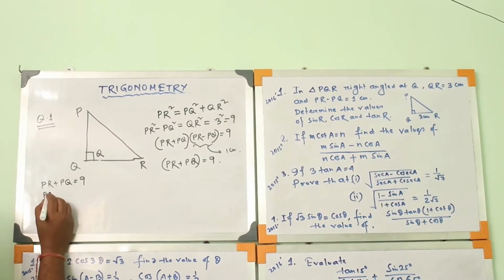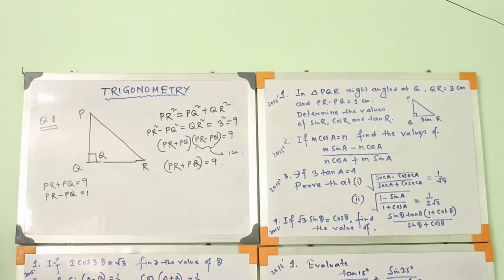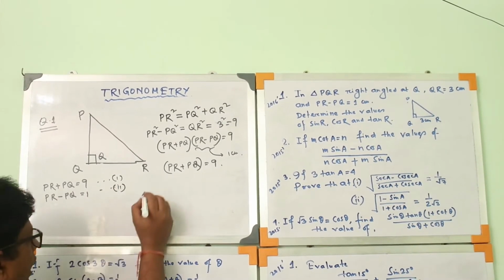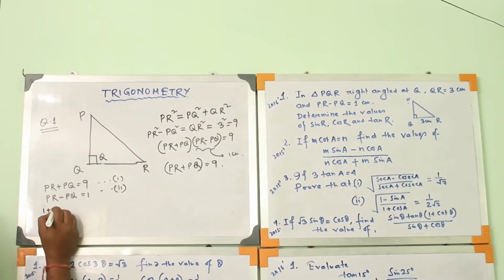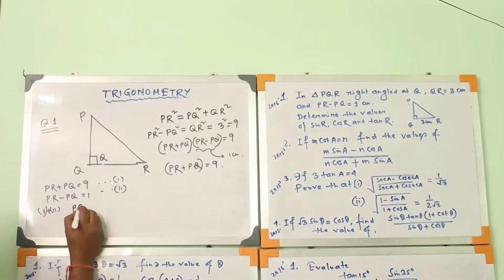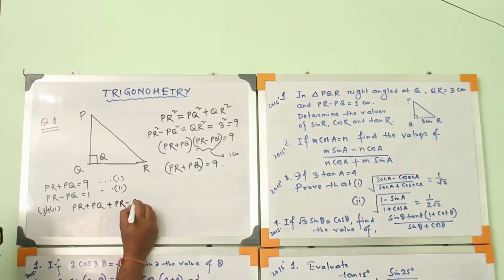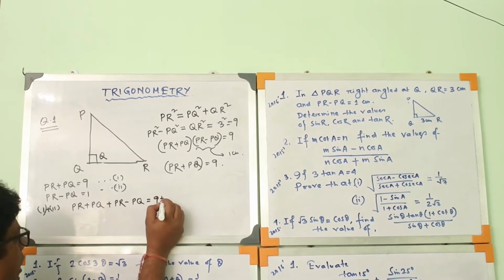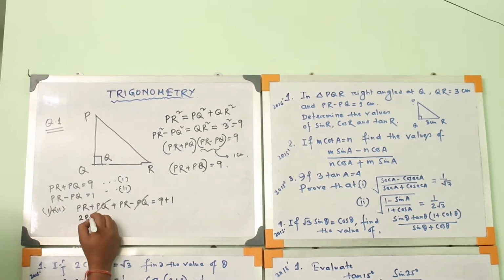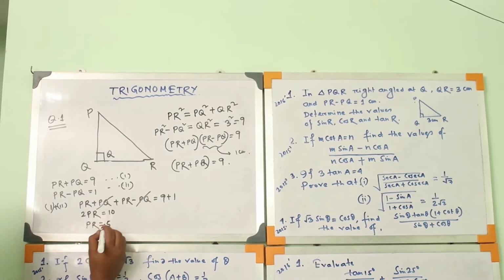Second equation, PR minus PQ is equal to 1. If we add equations 1 and 2, what will be the value? PR plus PQ plus PR minus PQ is equal to 9 plus 1, PQ cancels, so 2 PR is equal to 10, the value of PR is equal to 5.